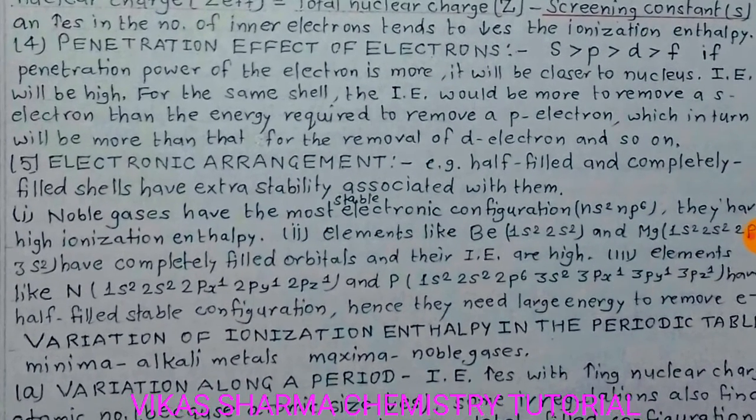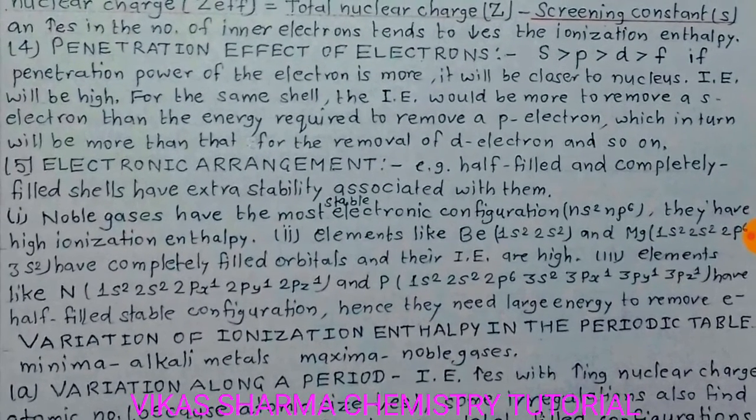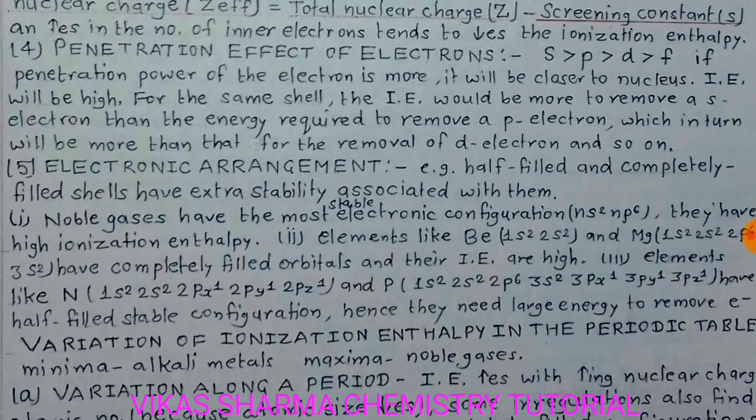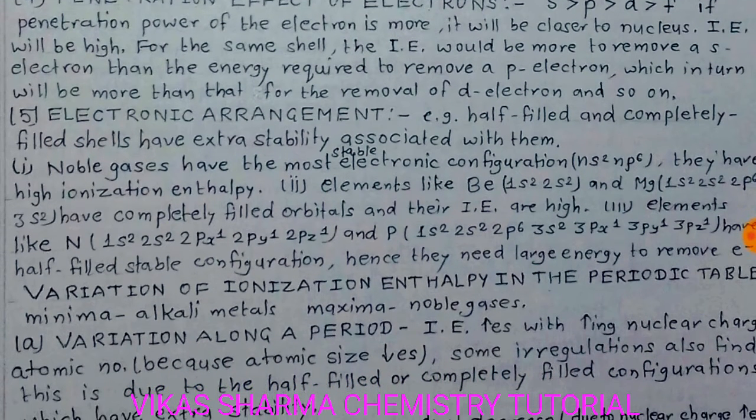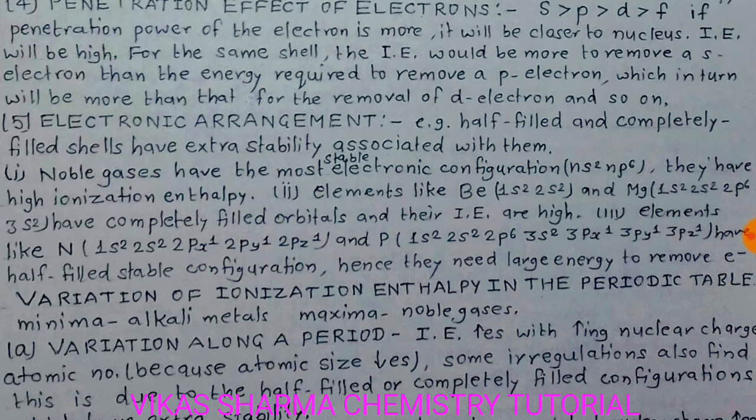Student, the fifth factor is electronic arrangement. Half-filled and completely filled subshells have extra stability associated with them. For example, in the p orbital, p3 is half-filled, so it is difficult to remove the electron. But in the p4 condition, the fourth electron is paired, so you can remove it easily. Noble gases have the most stable electronic configuration, ns2 np6, and they have high ionization enthalpy.